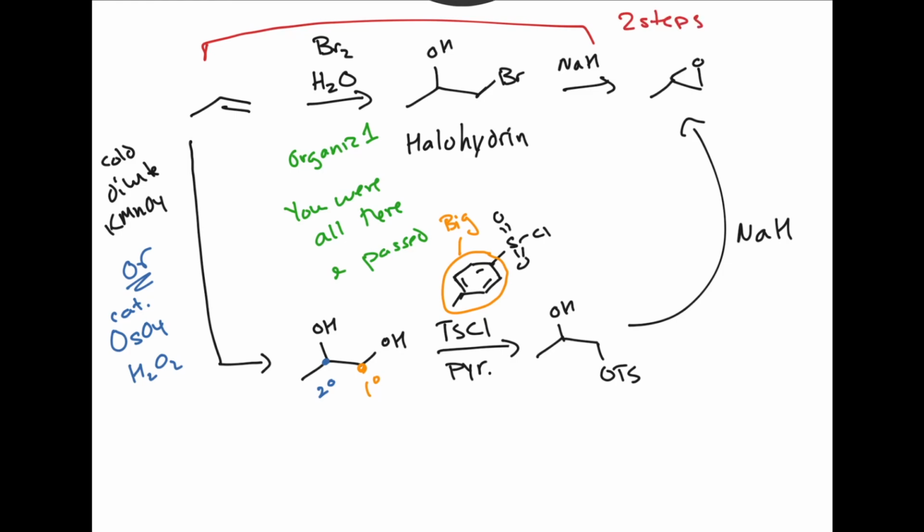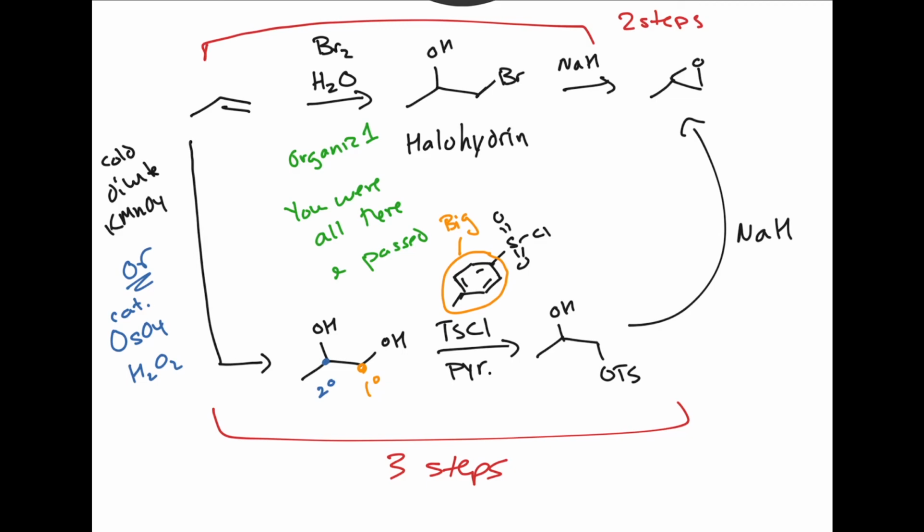Gotta take my double bond, turn it into the halohydrin, then add base. This bottom route takes 3 steps. So a little bit longer, but we can actually end up getting different stereochemistries in our product depending on which of these two methods we use.